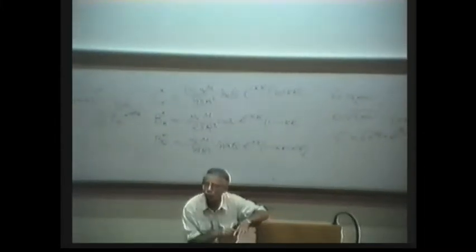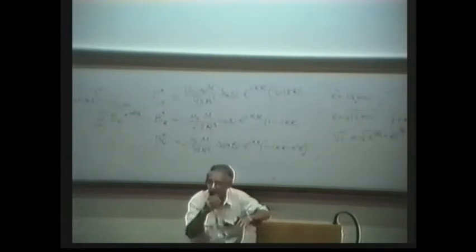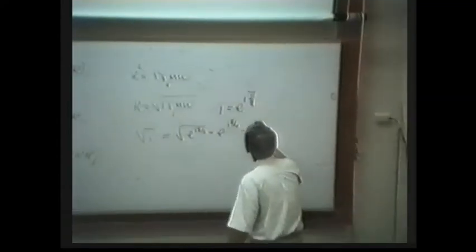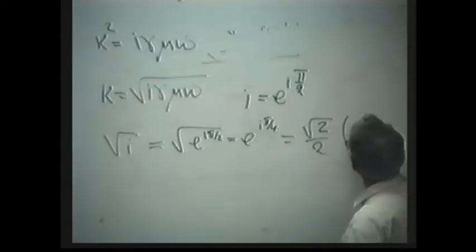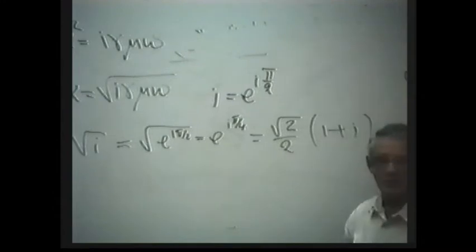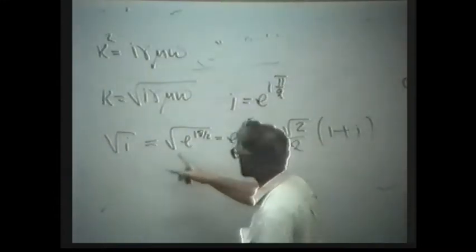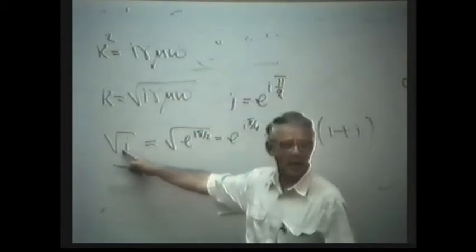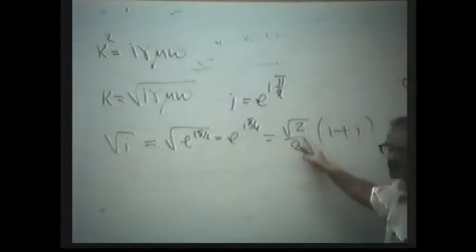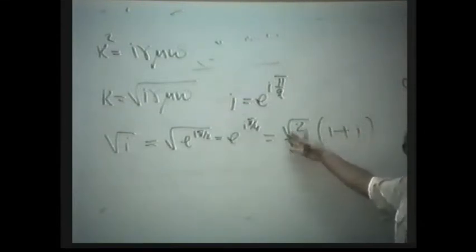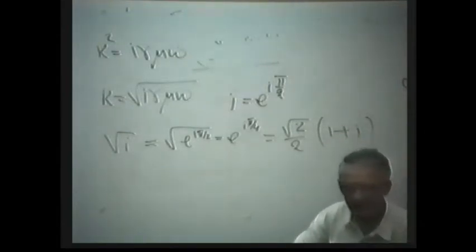Square root of 2, or 1 over square root of 2, that's the same. So finally we got a very nice expression: 1 plus i, over the square root of 2. Check me. Now the square root of i: here 1 over 2, here squared, 1 plus 2i minus 1. The 1 and 1 cancel, and we are in good shape.